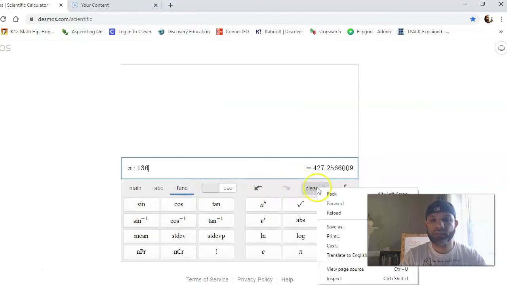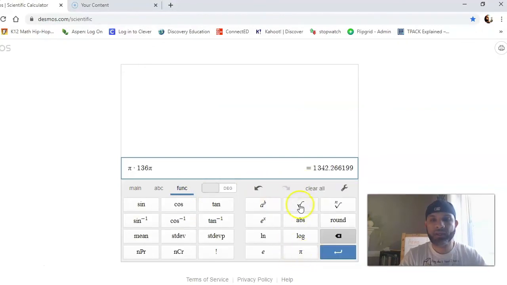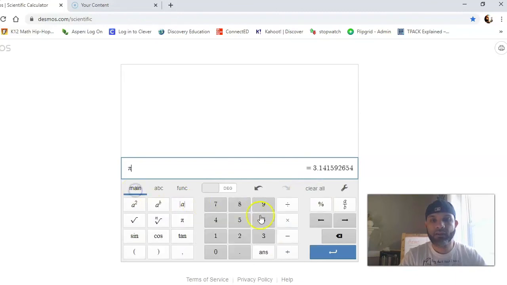Let's clear that. Pi times 12 squared is 452.389.